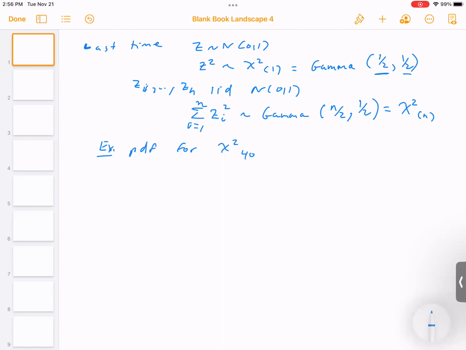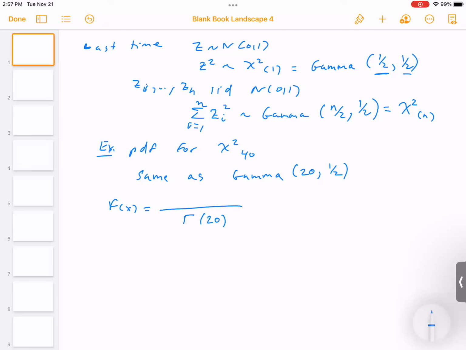We know the gamma, right? So this is the same as gamma 20, 1/2. If you remember everything, it's f of x equals, 20 down here, this is 19 factorial, right?